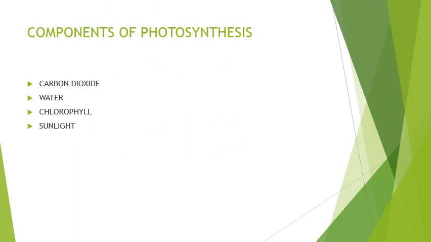Components of photosynthesis. Students, if you can recall the chemical equation of photosynthesis, you can easily tell the components of photosynthesis. What was the chemical equation for photosynthesis? It was carbon dioxide reacting with water. And what was there on the arrow?